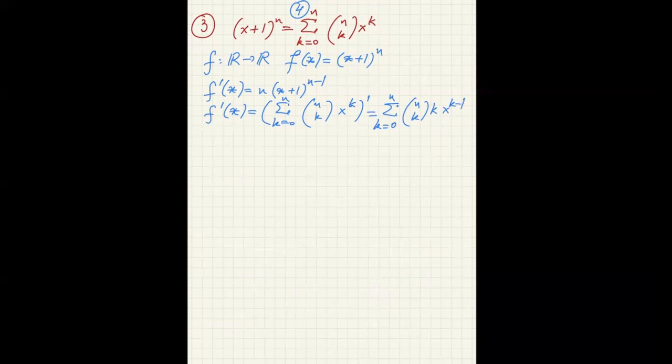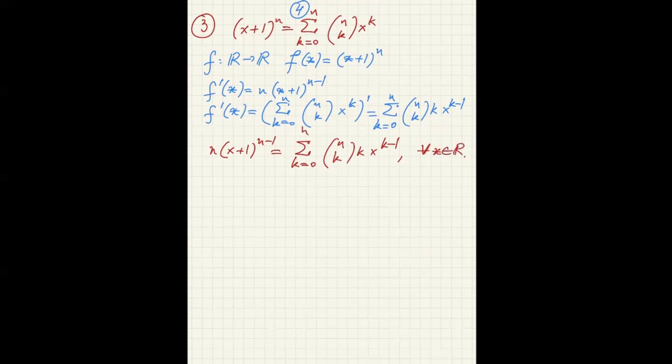Okay, so the derivative has to be the same, and therefore what you get is that n times (x plus 1) to the n minus 1 equals the summation from k equals 0 to n of n choose k, k times x to the k minus 1. This is true for any real number x.